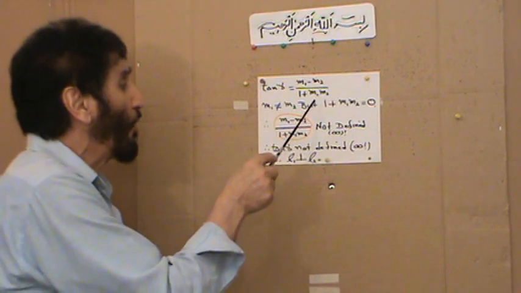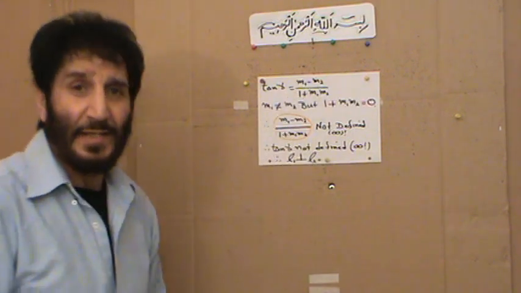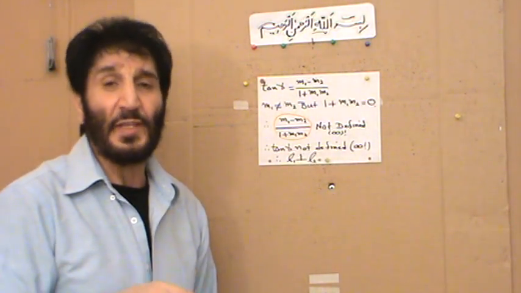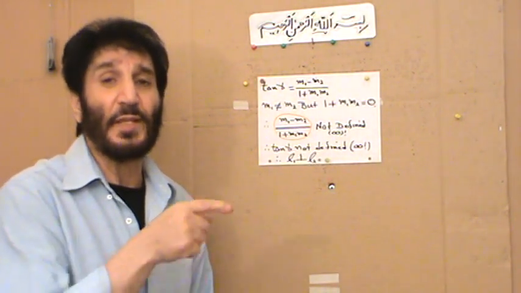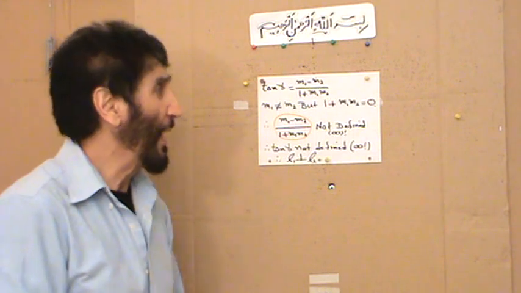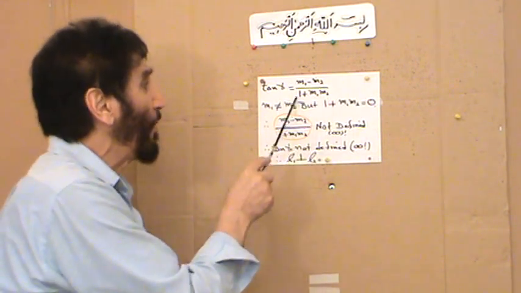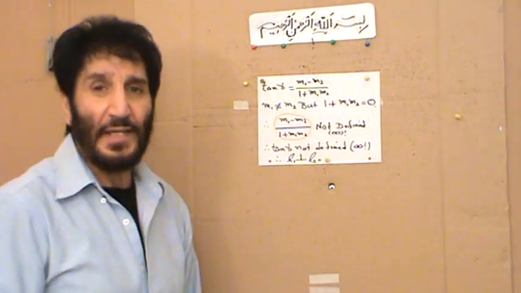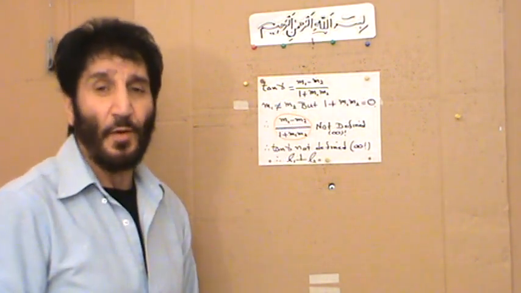Okay, now what happens if the denominator is 0? Again, I repeat myself, if the denominator is 0, that does not imply that the numerator can also be 0. So under what condition is the denominator 0? Well, very elementary algebra, if you don't see it, just set it equal to 0.